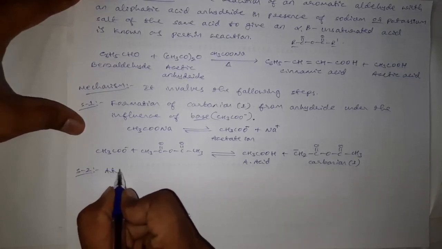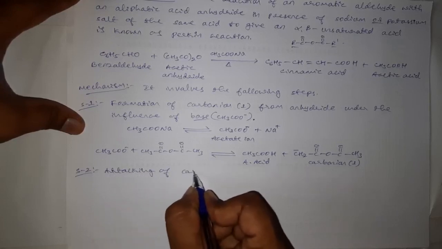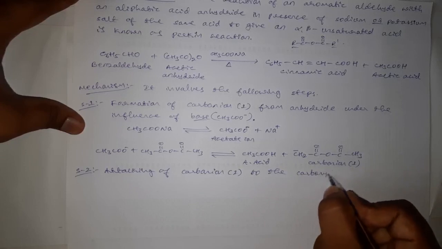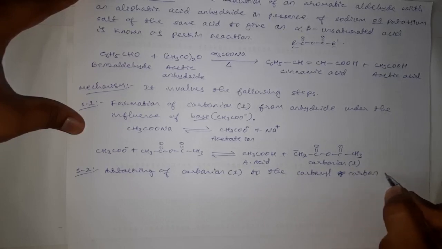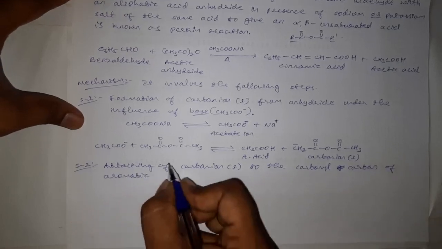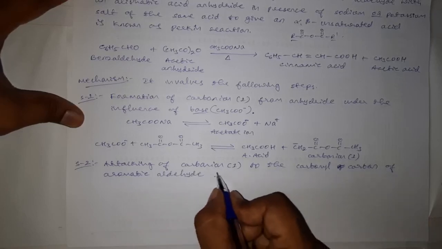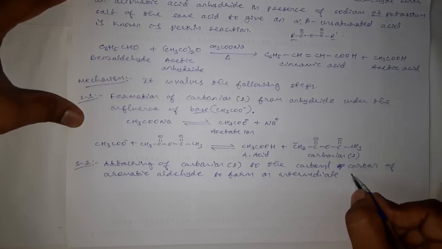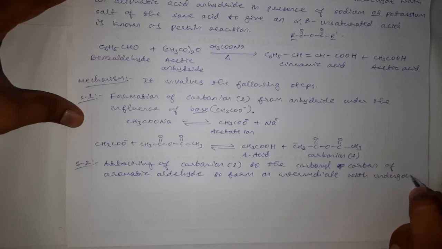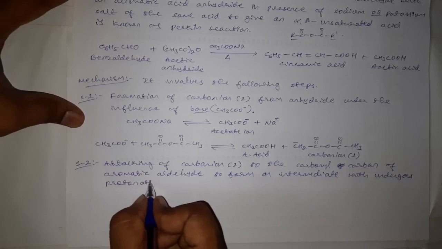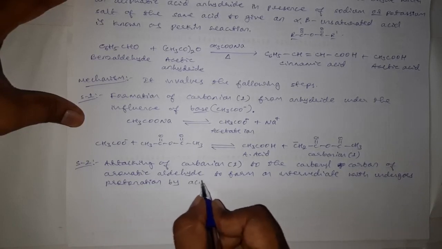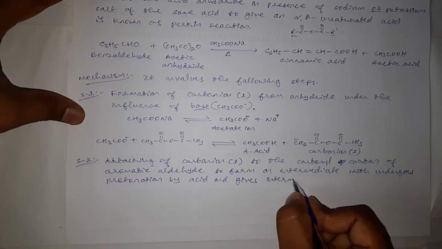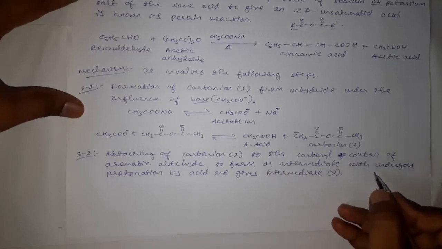Then the second step is the attacking of carbanion 1 to the carbonyl carbon of aromatic aldehyde to form an intermediate, which undergoes protonation by acid and gives intermediate 2.